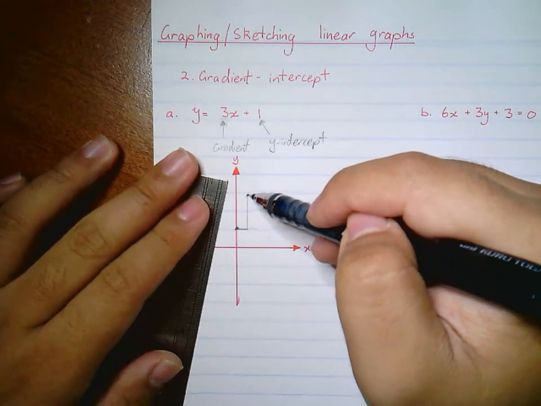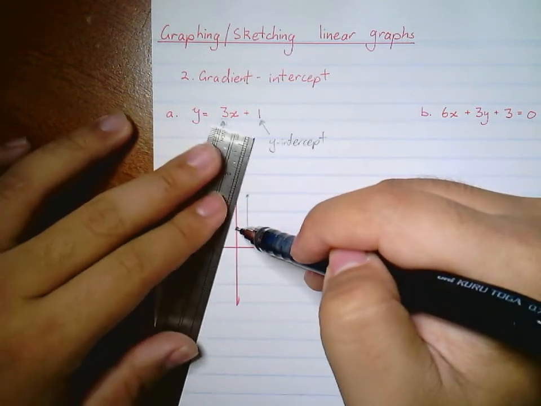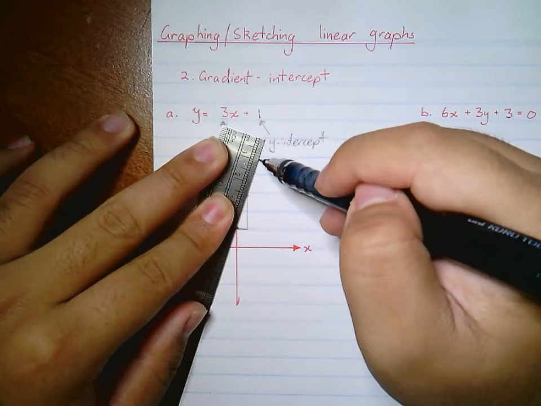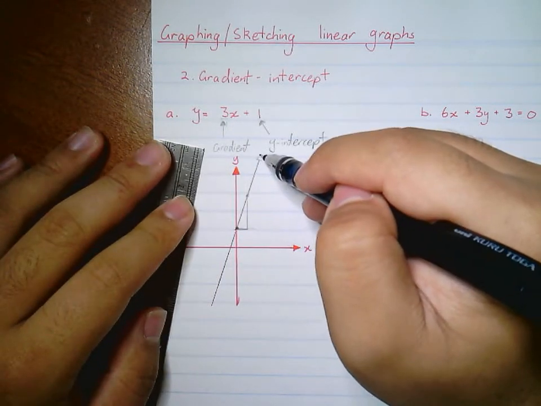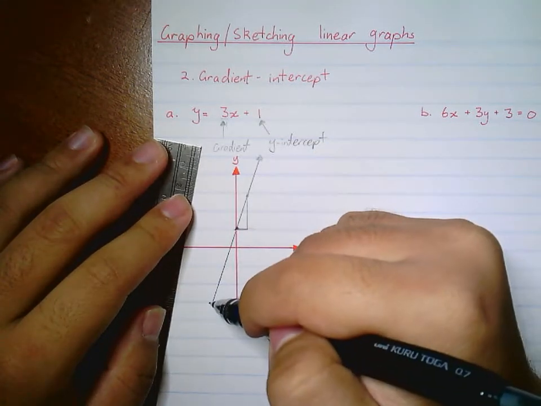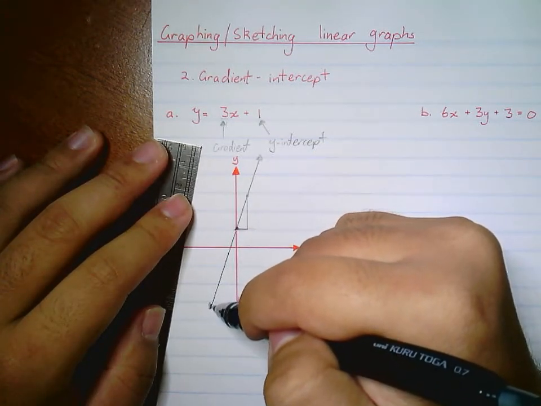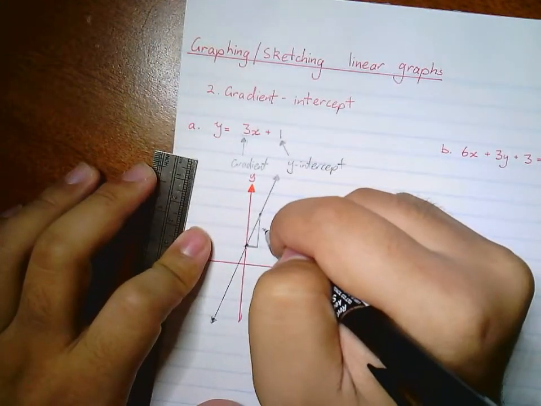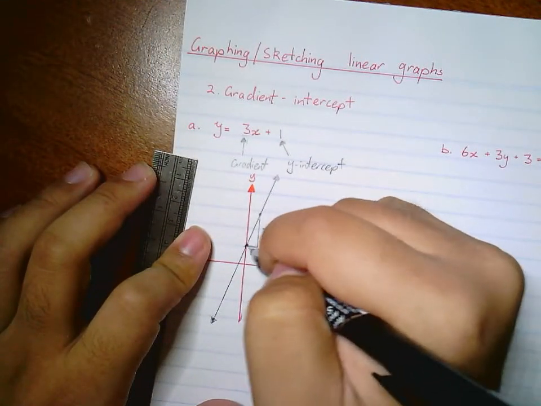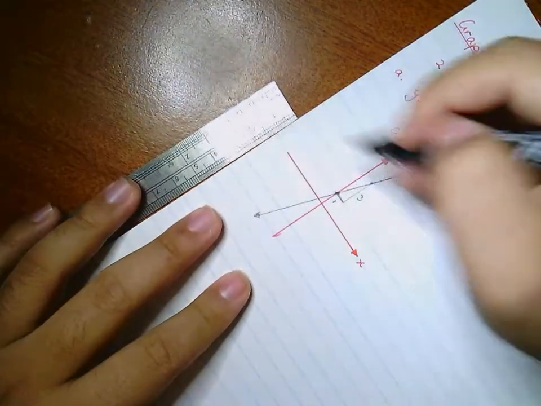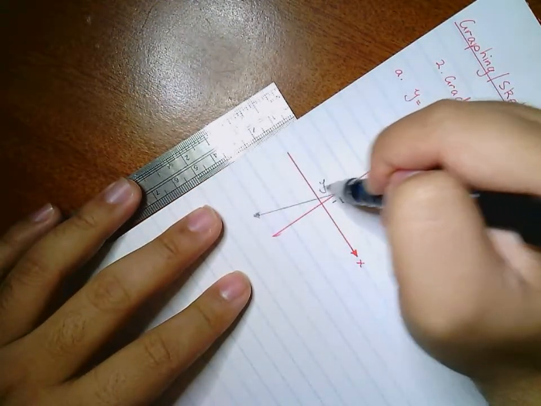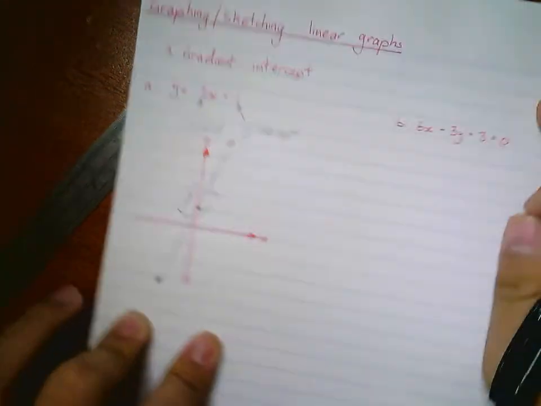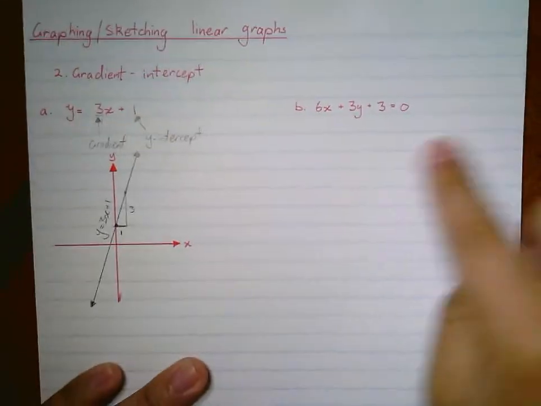So using just these 2 points, we can draw the rest of our line, just like that. Because that is 3 up and 1 across, that will give me y equals 3x plus 1 in the case of this one.